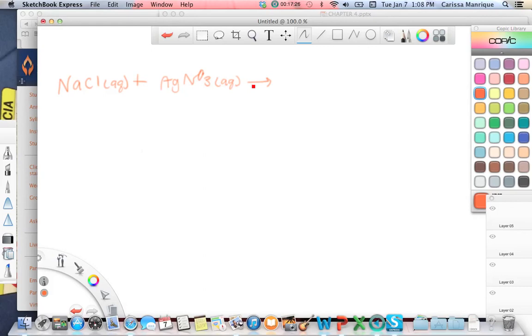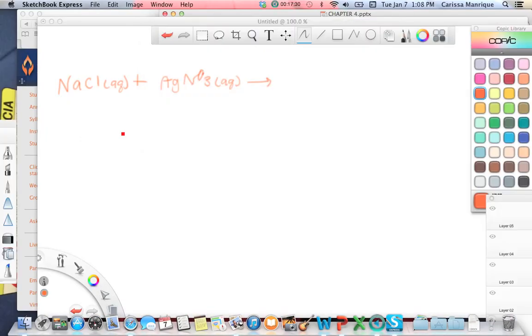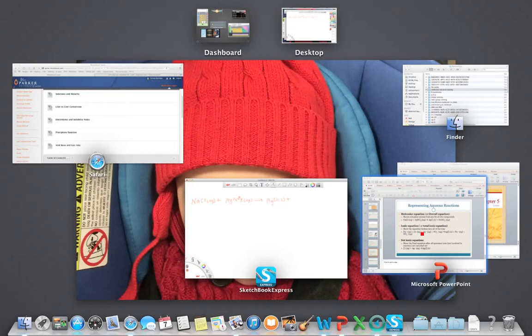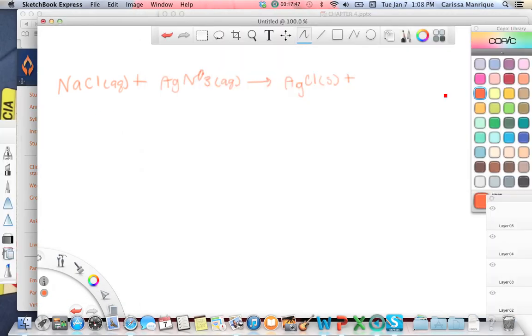And what do we make? AgCl, solid, plus NaNO3, and this one's aqueous.